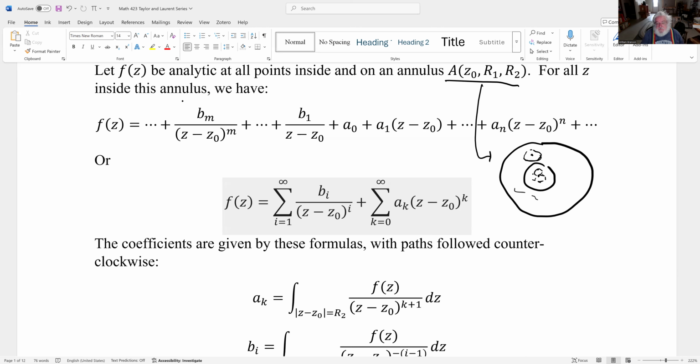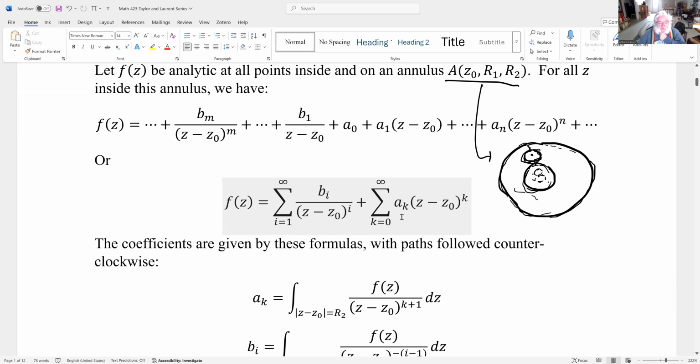Instead of doing the circle, we can say start here, we'll go up to here, go around this, come back, go back in, go around there, come here, go around this way because we need to have the analytic area on the left, come back up, and then finish out. Or whichever way we're going around. I guess we're going around that way. Then we go around here, and then we come back. So we can replace this by an integral around the outer side minus an integral around the inner side.